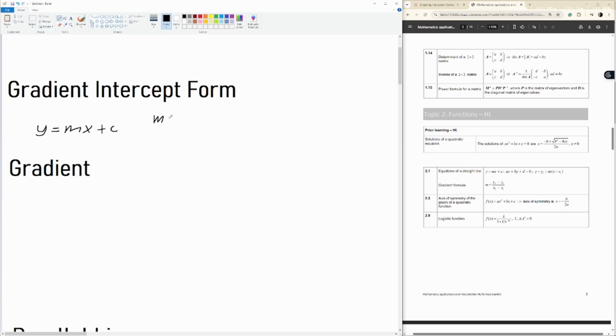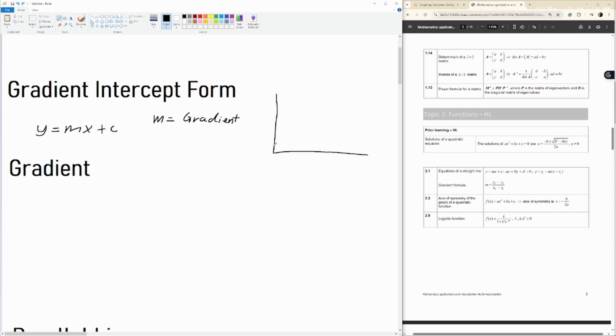You have to understand that m is the gradient, and to put it simply, the gradient is the decline or the growth in your function. Meaning that if I draw a function right here, if you see it going up, that's the gradient. If you see it going down, that's also the gradient. To put it simply, the gradient is the amount of change in y in your function.